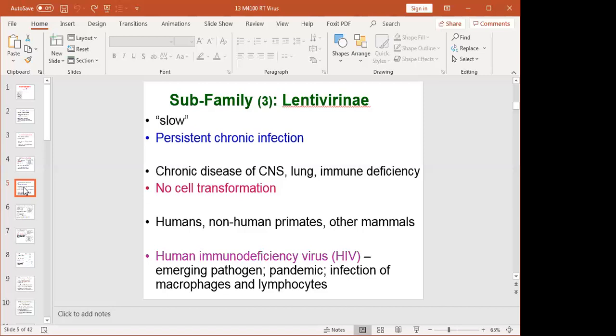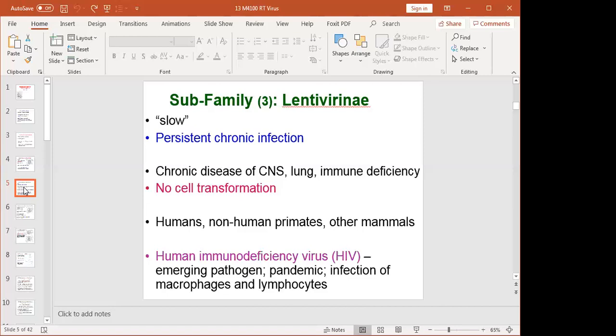The virus uses macrophages and lymphocytes as its host. Therefore, the first thing that comes to your mind immediately is that successful infection by HIV leads to immunodeficiency in infected individuals, as we see in acquired immunodeficiency syndrome, or AIDS.